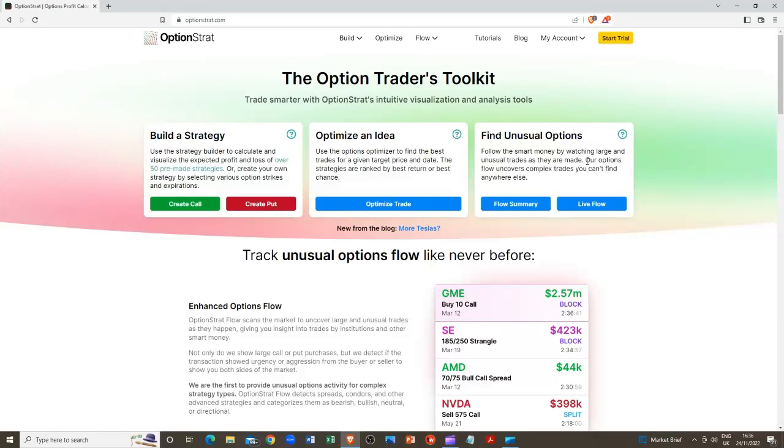In today's episode and in subsequent episodes, we will look at Option Strat, which is a fantastic toolkit that anyone who wants to be serious about their options trading game would like to look into. As you can see from the website, this is a tool that focuses only on options trades, and you can use it to build strategies, to optimize your trades, or to find opportunities.